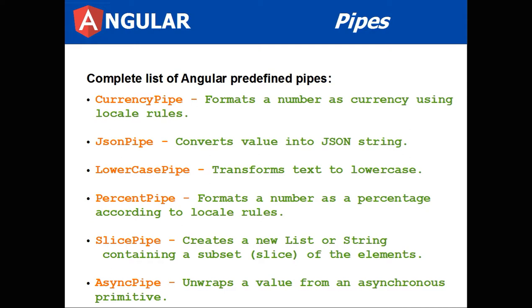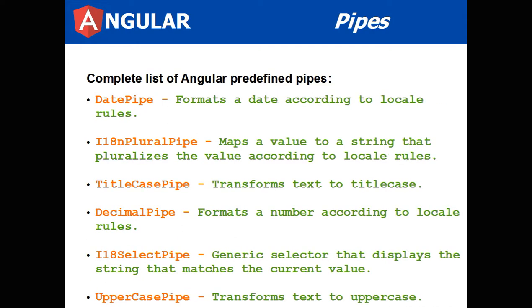There's a percent pipe which formats a number as a percentage according to locale rules. There's a slice pipe that creates a new list or string containing a subset, that is a slice, of the elements. And there's an async pipe that unwraps a value from an asynchronous primitive.